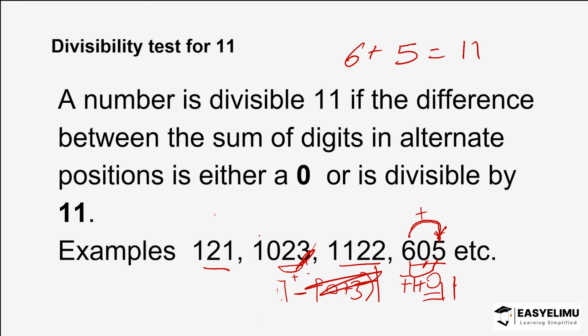Then you have 0 in the middle, which is just 0. So if you subtract, 11 minus 0, the answer is 11. And 11 is divisible by 11 once. That qualifies the number 605 to be divisible by 11.